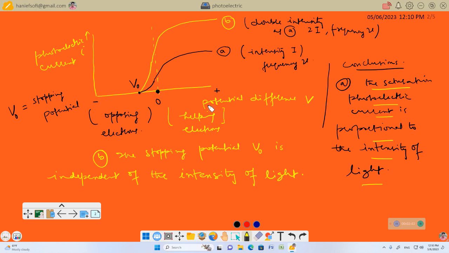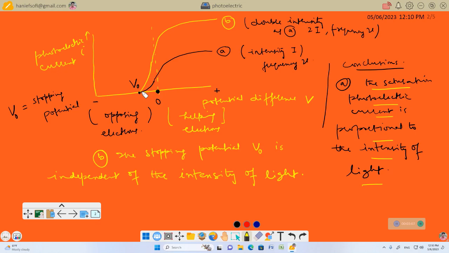Then we discussed these curves and established certain results. One conclusion was the saturation photoelectric current is proportional to the intensity of light, because in curve B we double the intensity, so saturation photoelectric current doubles compared to situation A.